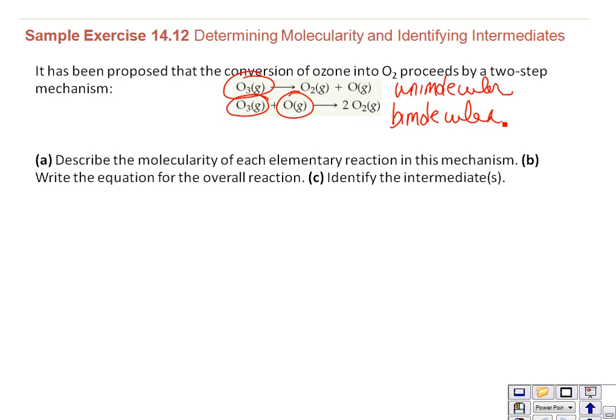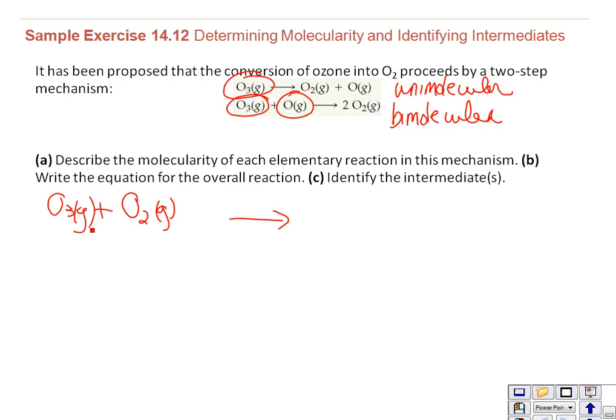All right? Now, it says write the overall equation for the reaction and identify the intermediates. Intermediates are anything that are there and then go away. So the overall reaction for this is just add everything together on the reactant side and on the product side. On the reactant side, we have O3 gas plus O2 gas.